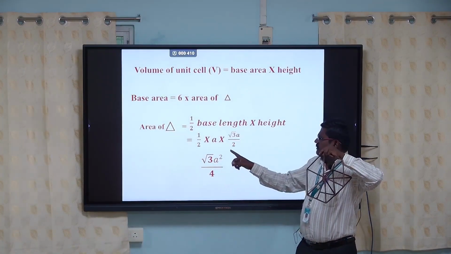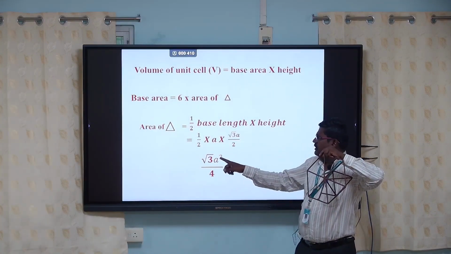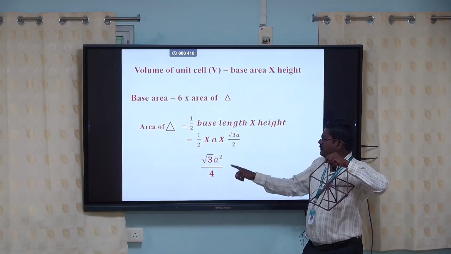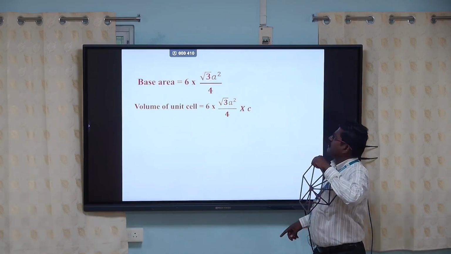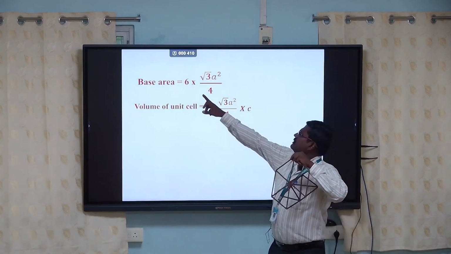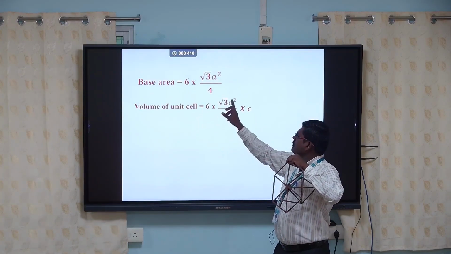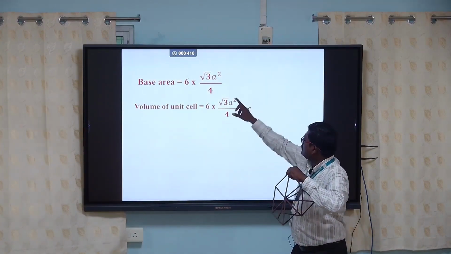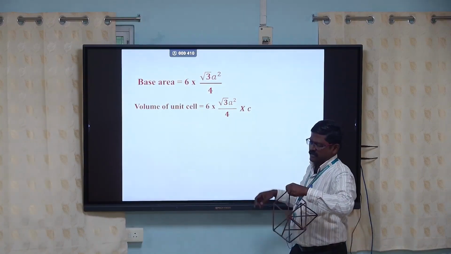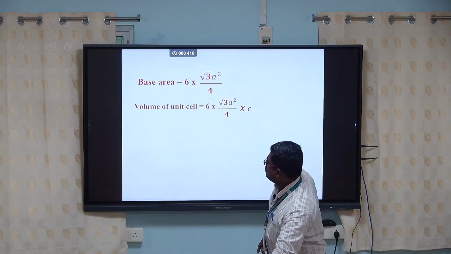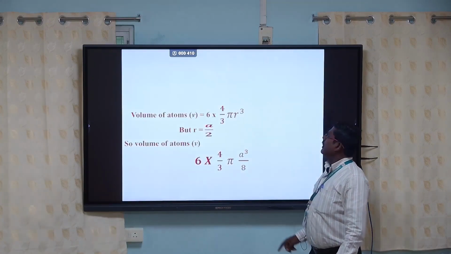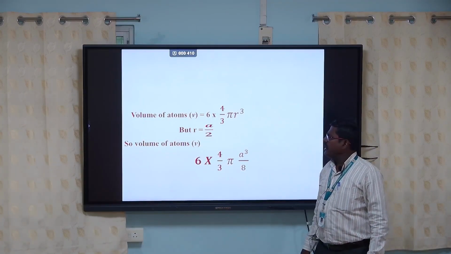By substituting all these, we have found area of triangle as root 3 A square by 4. So base area is 6 into area of triangle. This total is the base area, and C is the total height of that cylinder. So this is the volume of unit cell.